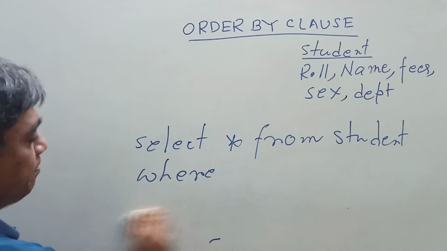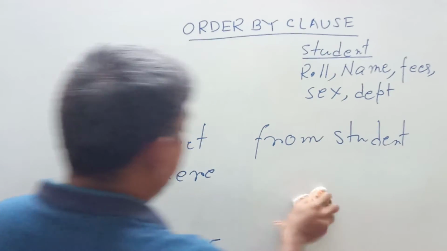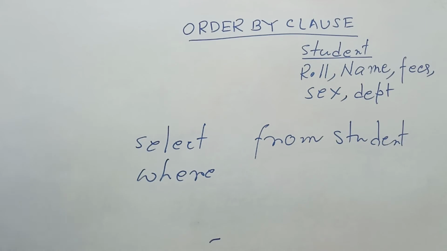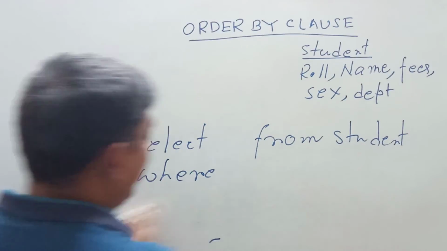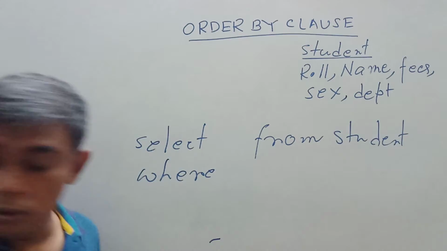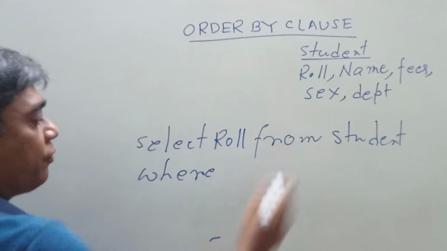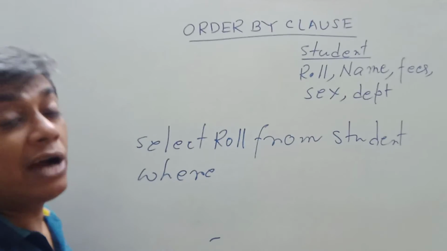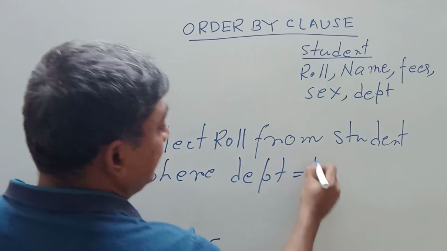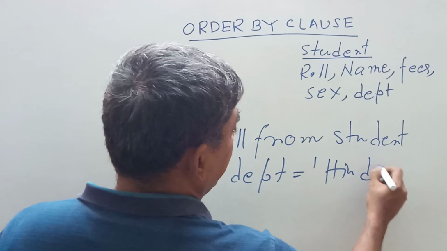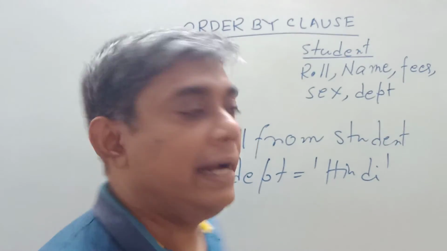We want to display roll number for those students of Hindi department. So we want to display roll. So you write here select roll from student where, what is the condition? Hindi department. So where we write DPT equal to Hindi, in descending order by their name.